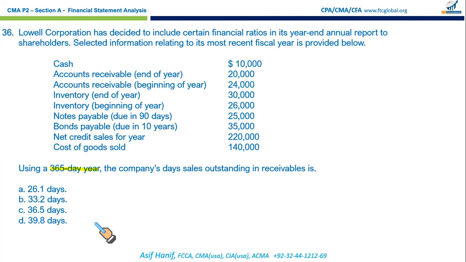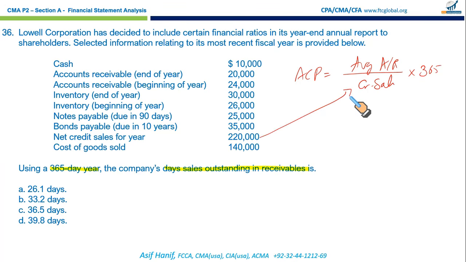Using a 365-day year, the company's days sales outstanding in receivables, or simply average collection period. We know the formula: average collection period is equal to average account receivable upon credit sales, multiplied by the days, 365. Do we have credit sales? Excellent, that's right here, 220. Do we have opening and closing receivables?